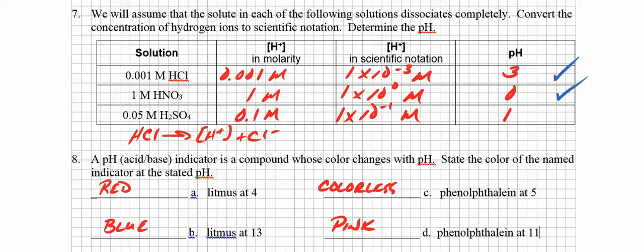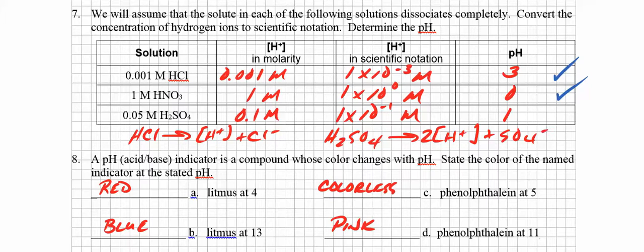But let's take a look at the H2SO4. The H2SO4 has 2 acidic hydrogens. So if I take a 0.05 molar sulfuric acid solution, what's going to happen is that the H2SO4 is going to dissociate into 2 units or concentrations of H plus, because of that 2, plus the SO4, of course, which I really don't care about.